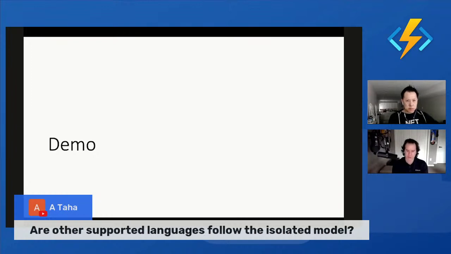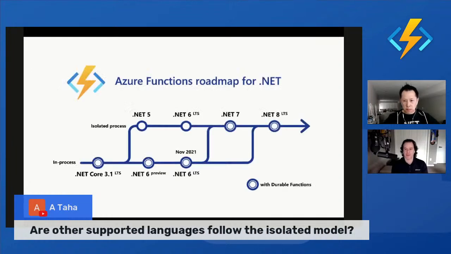The out-of-proc surface that we are using with the .NET worker and the isolated model is the same model that all of the other languages that we support in functions use today. So we are now essentially aligning with all of the other languages, which will help .NET adopt some interesting features, but it will also help us advance the host and what we can do for other languages.